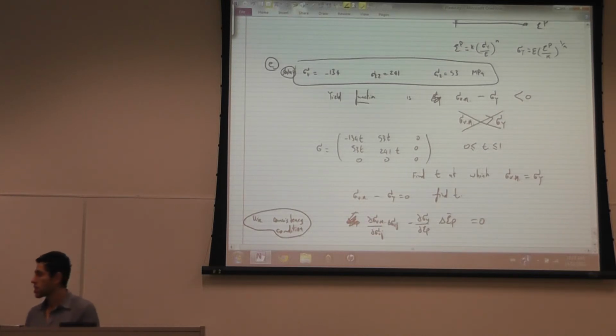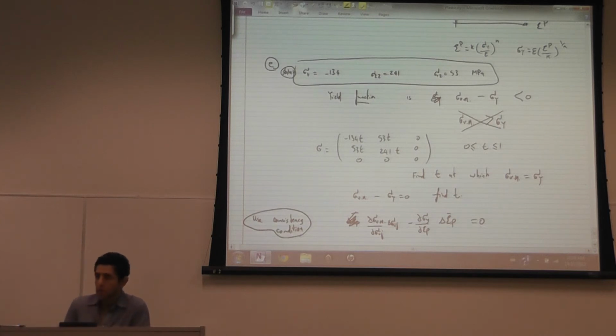Because as the stress increases, we found that the stress reaches yield at 50%. When T is equal to 0.5, I've reached yield.